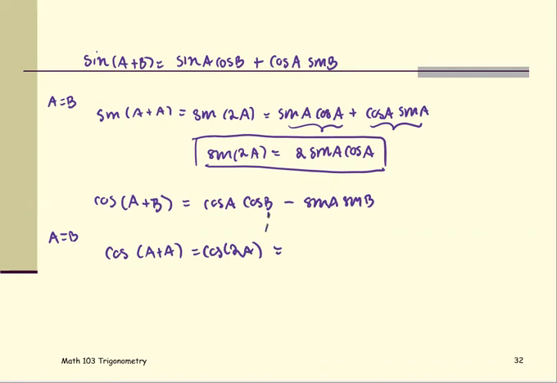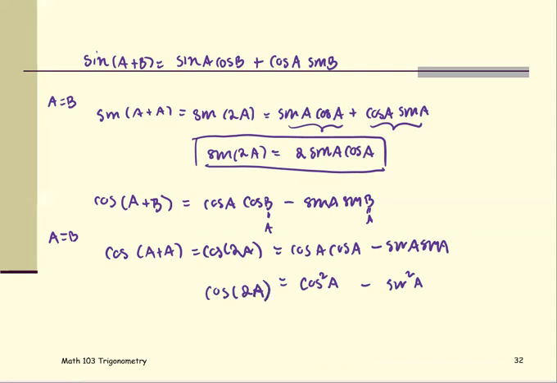Replacing B with the angle A in the sum formula of the cosine function, we get cosine A times cosine A minus sine A times sine A. That gives us cosine squared of an angle A minus sine squared of an angle A as the formula for the cosine of the double angle.